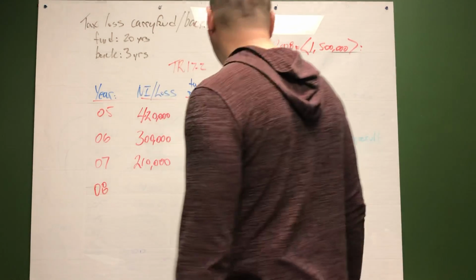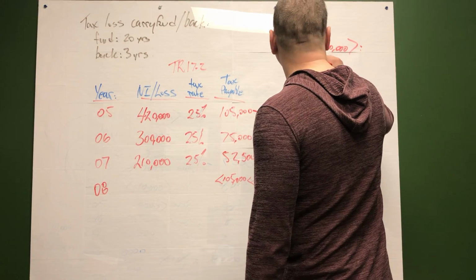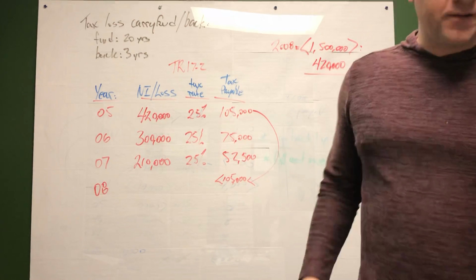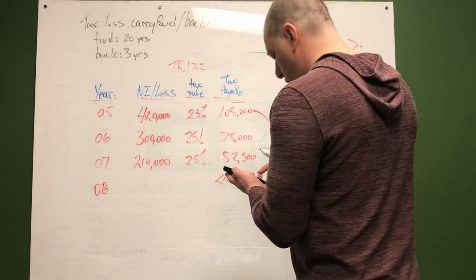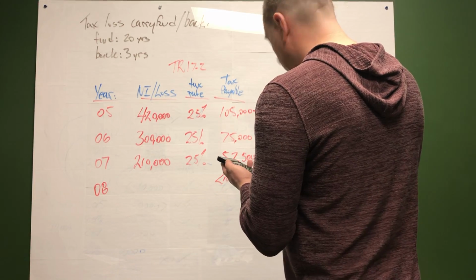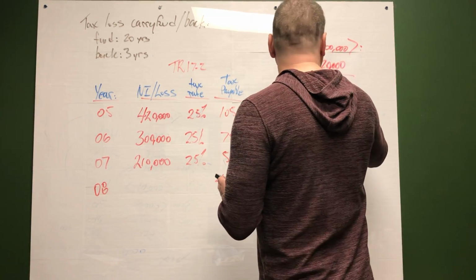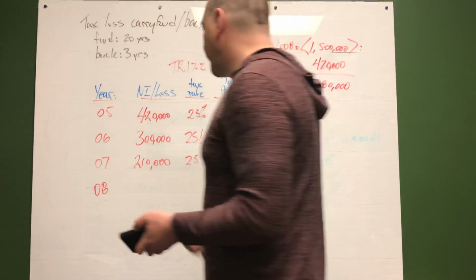So how much do we have to go? 1,500,000 minus the 420. I've got to get a calculator here. 1,500 minus 420 is 1,080,000. So we were taking care of '05.